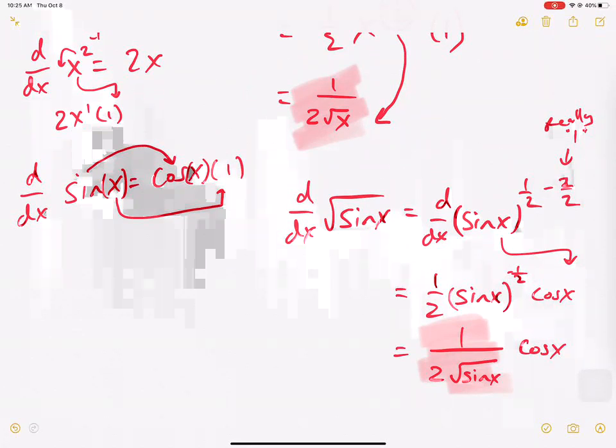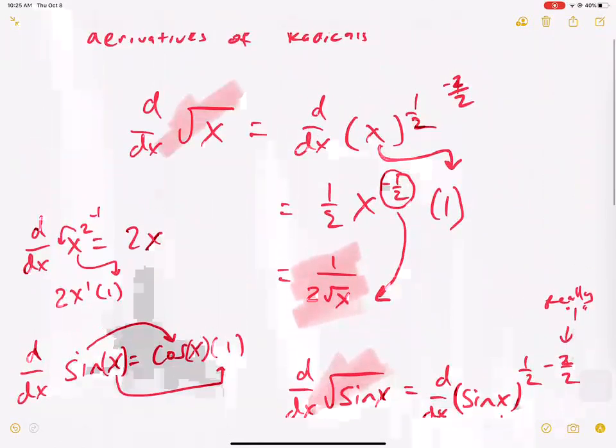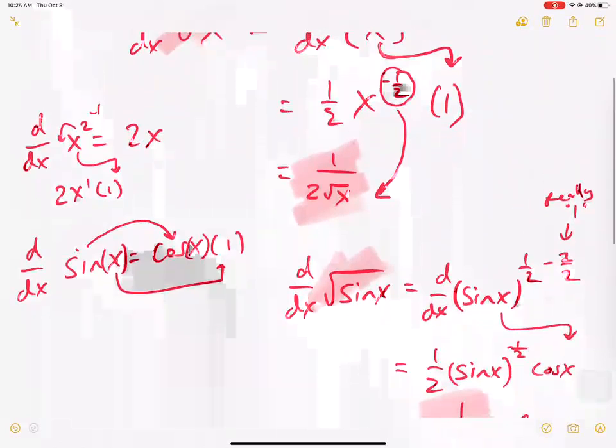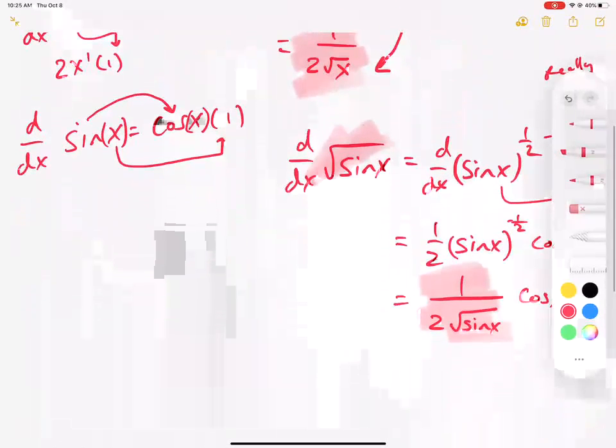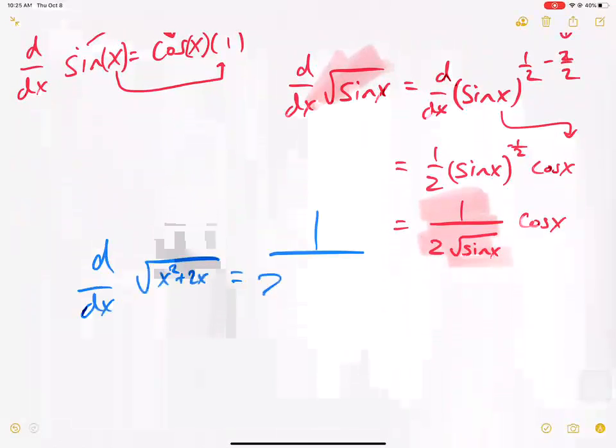The reason is because this square root gives the same derivative. We're taking the derivative of that 1/2 power. So whenever you see the derivative of a square root, let's do this really fast now, d over dx of the square root of x squared plus 2x is going to be automatically 1 over 2 square root, automatically.